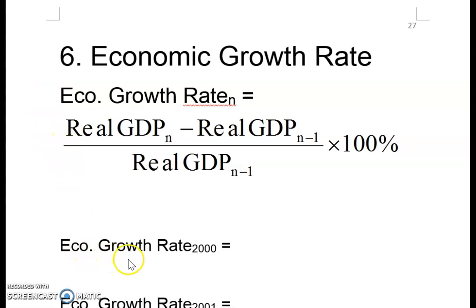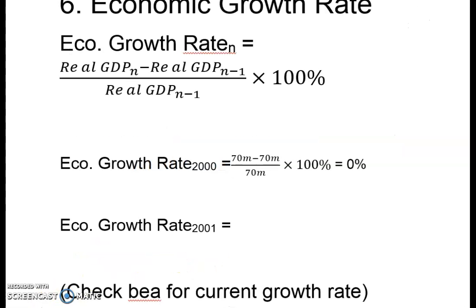Okay, so we can calculate the economic growth rate for year 2000 here. In our table, year 2000's real GDP is 70 million, and year 1999's real GDP is 70 million. So 70 million minus 70 million, divided by year 1999's real GDP of 70 million, multiplied by 100% equals 0%.